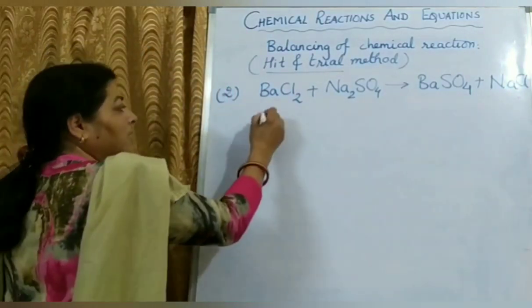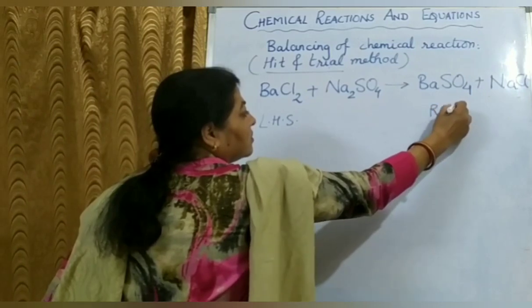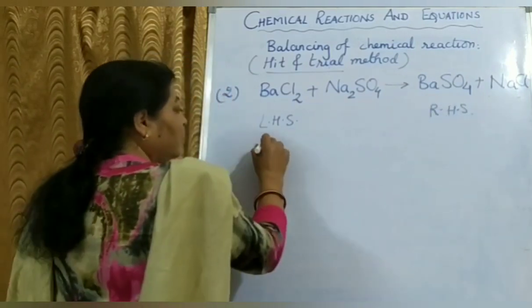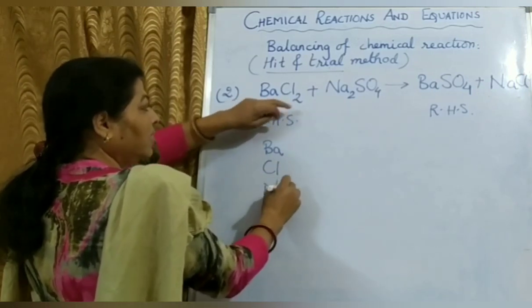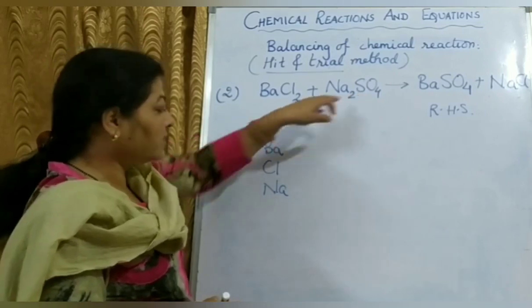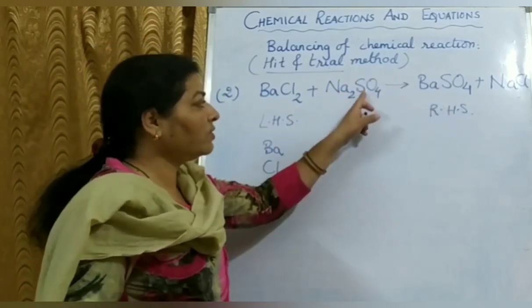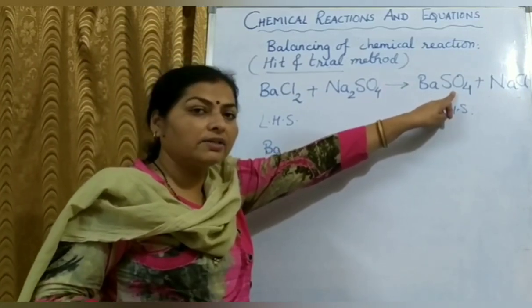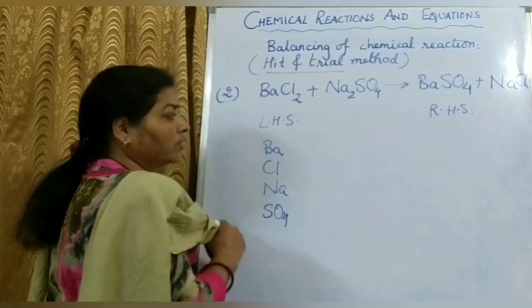So now here we make a list, LHS and RHS: barium, chlorine, sodium, and SO4. We can write sulfur and oxygen separately, or we can just observe that SO4 is also SO4 on the right hand side, so we can write it as a single species, SO4.